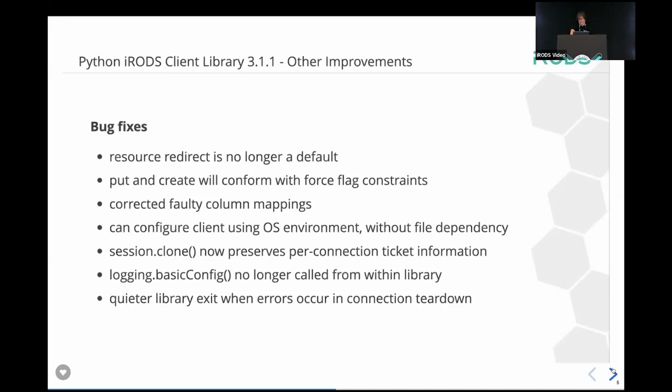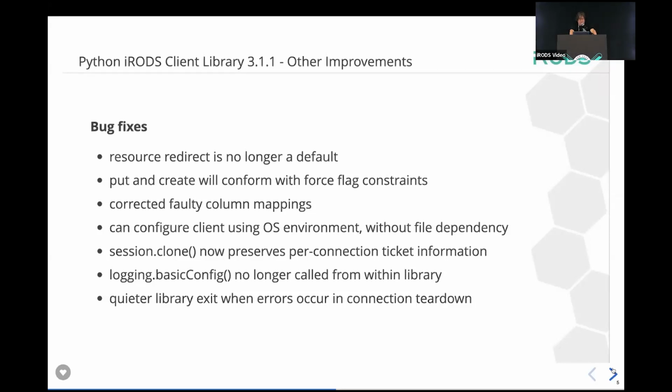This avoids overwriting data objects when you didn't mean to, or as the case may be, truncating them. There were also some columns in the genquery1 interface that were not correctly mapped, and that's been corrected along with some test hooks put in to make sure that things stay correct.